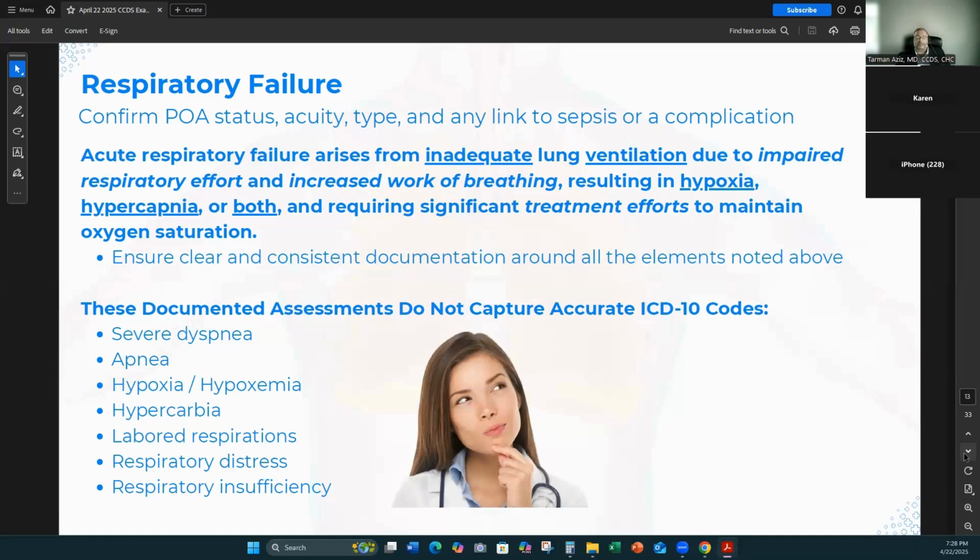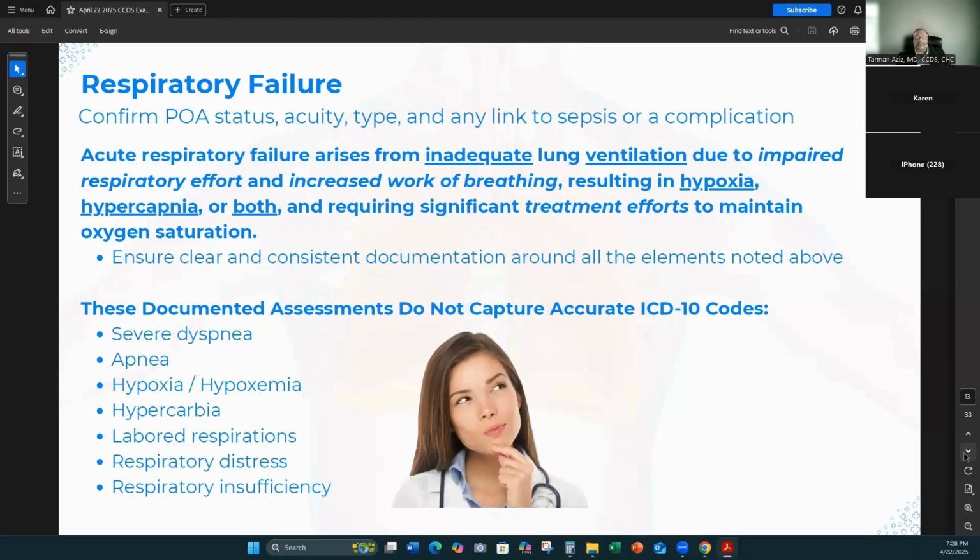If you've reviewed charts for a few years like you're meant to before taking CCDS, then you already know that many times acute hypoxemic respiratory failure either sticks around too long after it already was resolved in the ED and should never have even been on the history and physical, or it may be a situation where it doesn't appear on the record until day two progress notes.